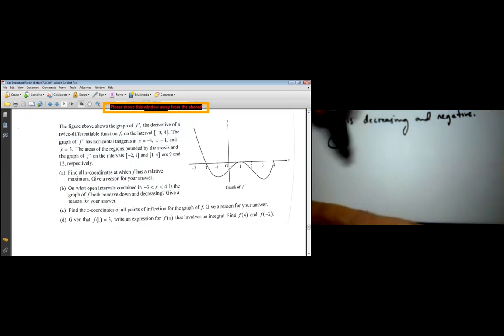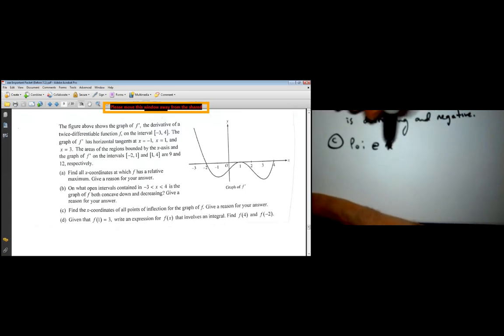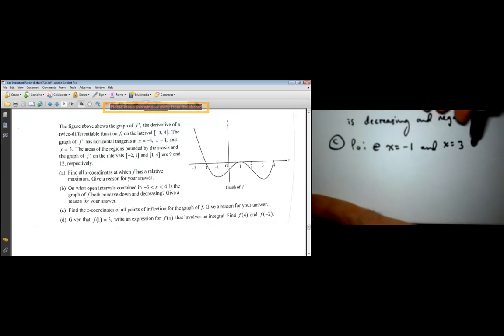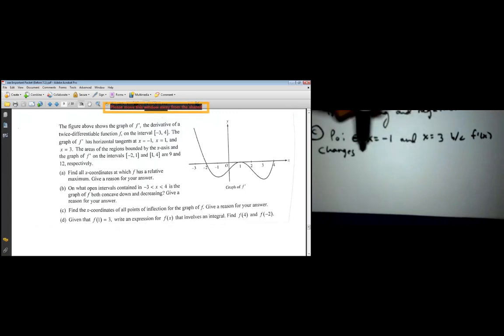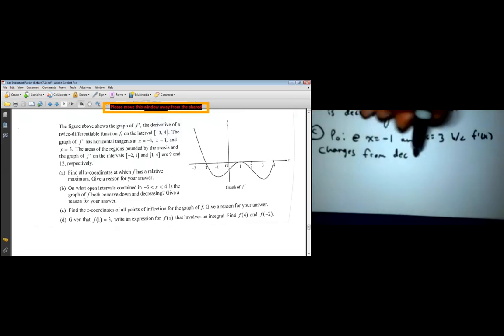So it's going to be POI, points of inflection at x equals -1 and 3, because f prime of x changes. How does it change, Caroline, around those points? It changes from what to what? Decreasing to increasing. Exactly. Changes from decreasing to increasing.